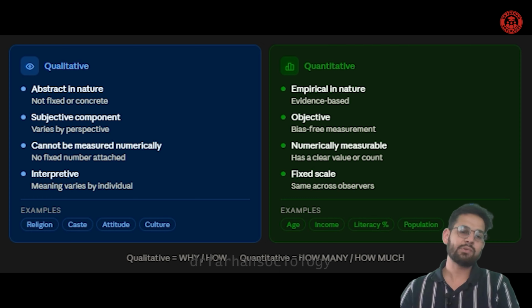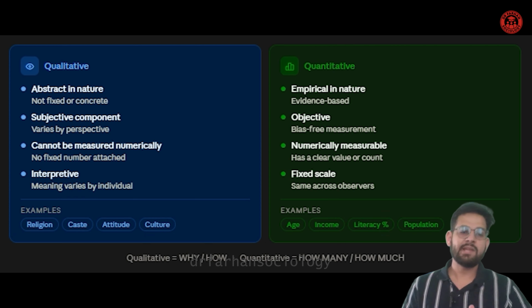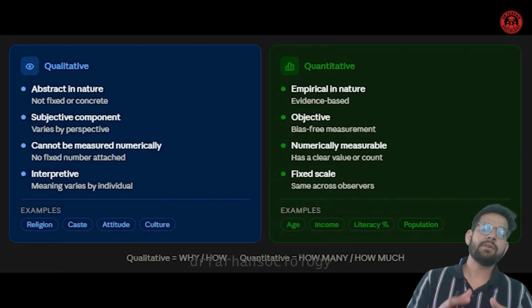These are called qualitative variables, whereas quantitative variables are empirical in themselves. They are objective, or they have a certain value or number attached to them. So in these ways, different variables are used which define the complexity of a research.